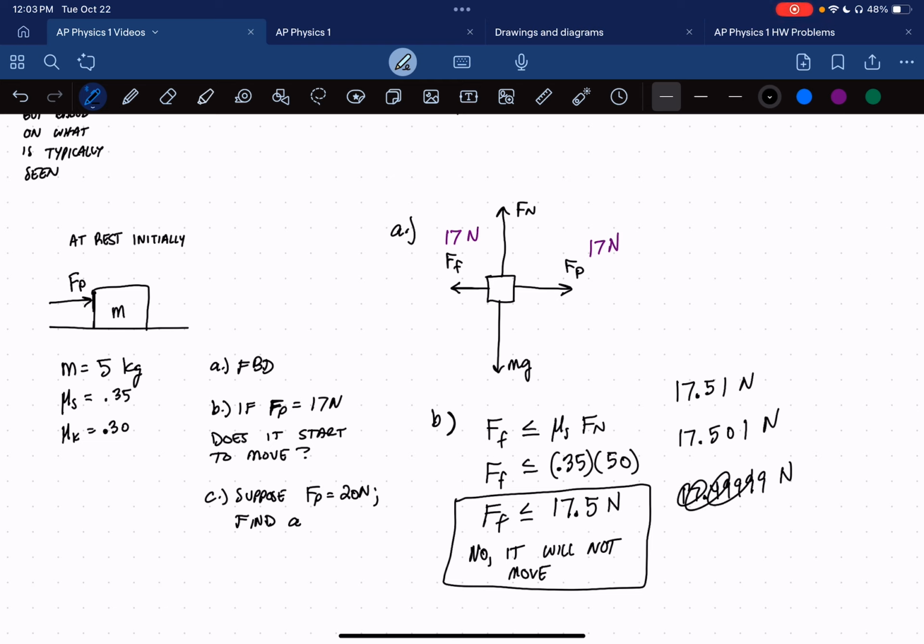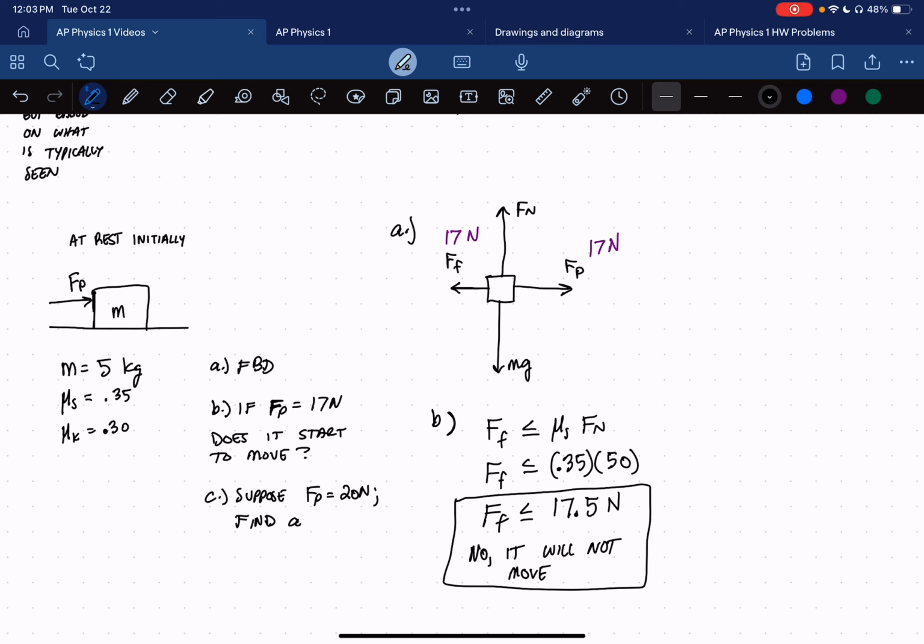And so here we want to distinguish between what we calculate and what you might experience in reality. So we're going to do a lab on this. In reality, it's a little bit messier than this. In the lab, you might see, okay, we push with 17.49999 and it doesn't budge.